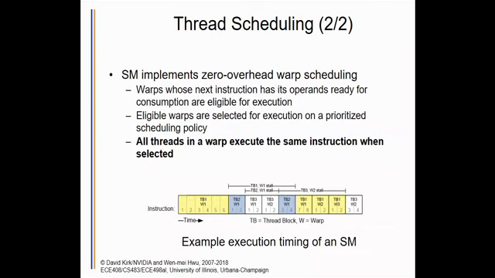Okay, yes. So when you say all threads in a warp execute the same instruction, does that mean when we're executing on a warp, all the threads are executing in true parallel? So the question is, when you execute an instruction in a warp, are all the threads in that warp truly executing in parallel? The answer is, in the very early GPU, the G80, there are only 16 execution units in a streaming multiprocessor.